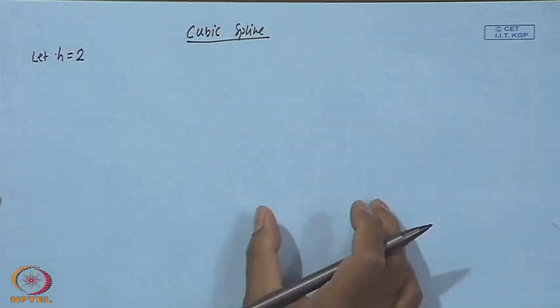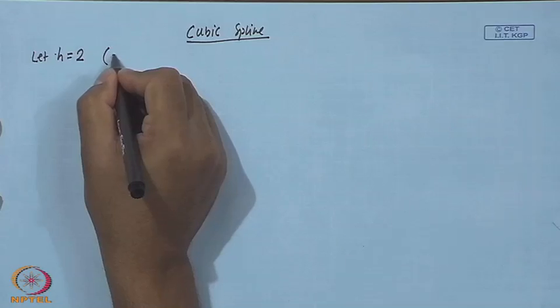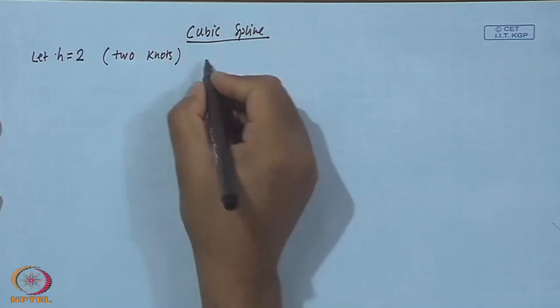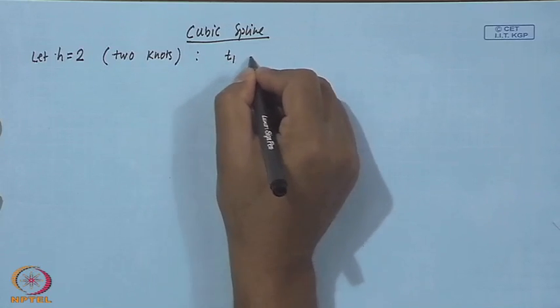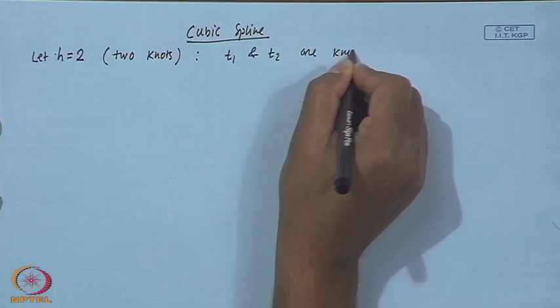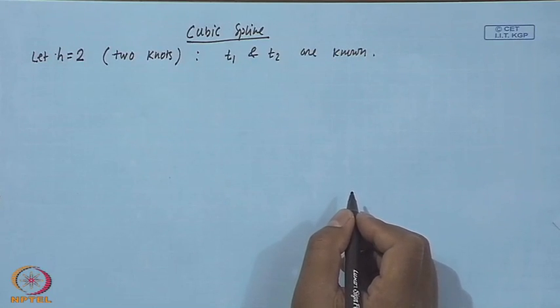So, there are 2 knots, that means 3 segments. We are considering a special case of 2 knots, and the knots T 1 and T 2 are known, we are assuming that.